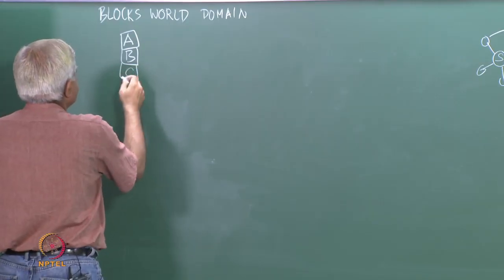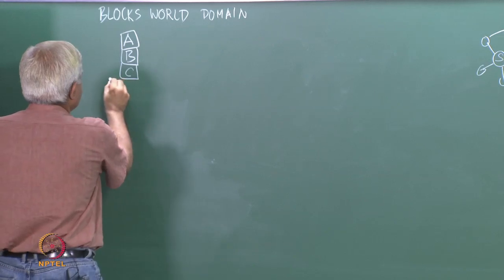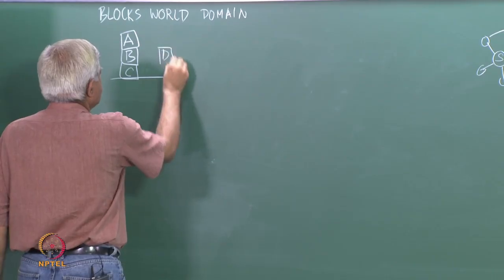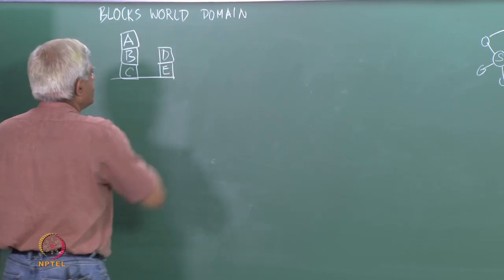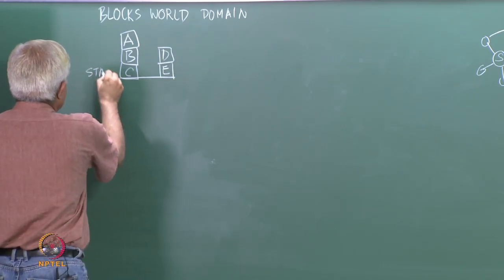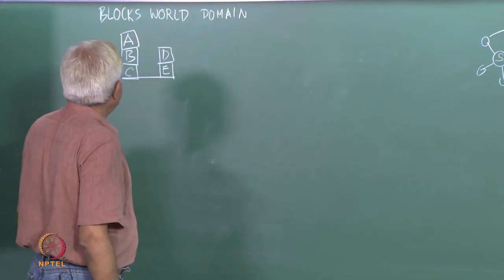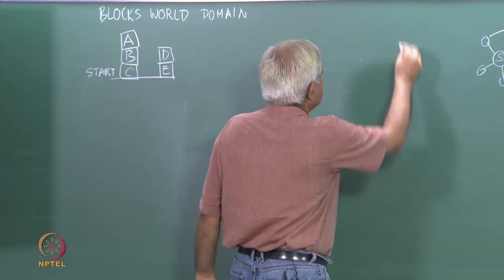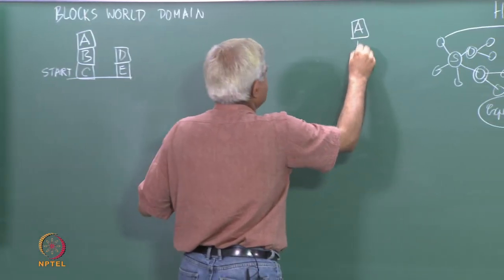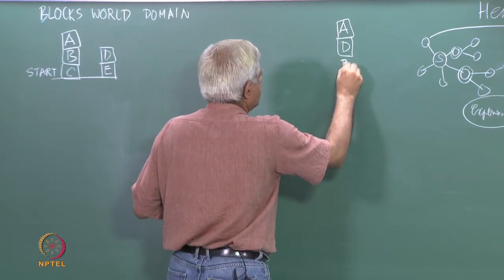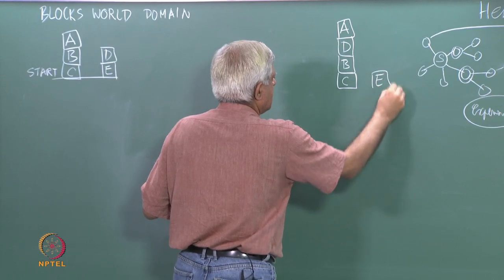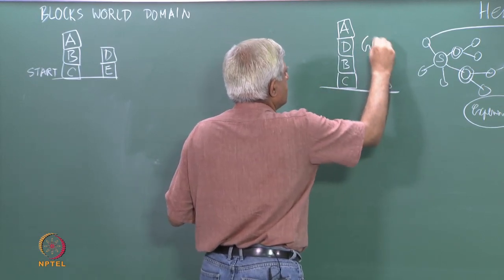Here we have 3 blocks piled up one on top of the other, and then there is a table, and then we have 2 more blocks piled up like this. So, this is a start state given to us, and the goal state is, let us say, a state which looks like this: you want A to sit on D, and then D to sit on B, and E to sit on C, and let E be like this. So, this is a goal state.